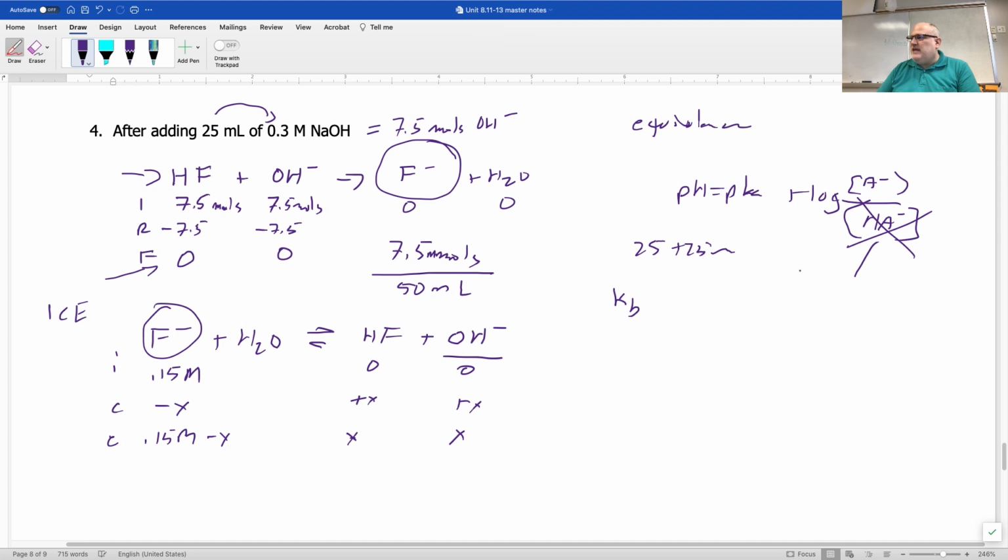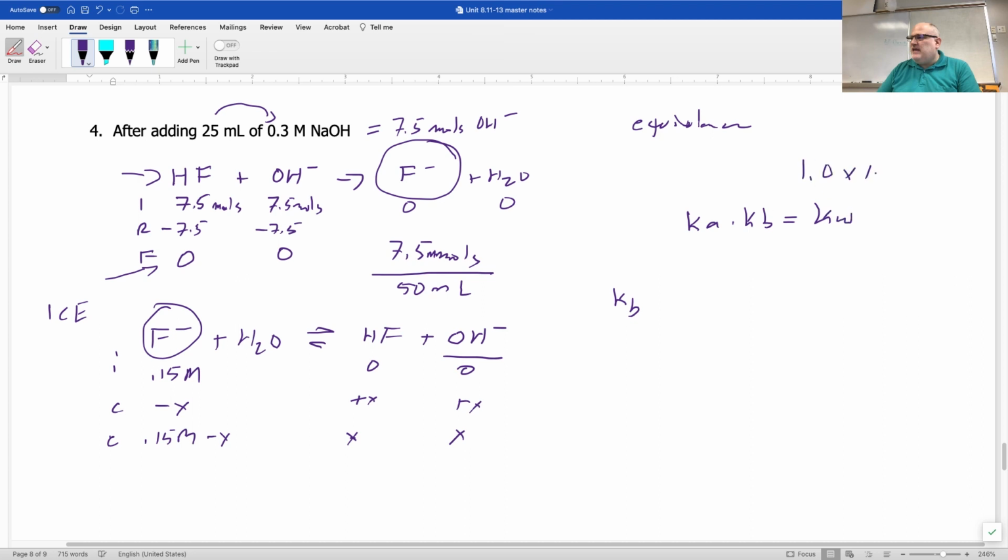Just a general reminder: I'm going to erase this because it's kind of clogging in here. Remember that Ka times Kb is equal to our Kw, and our Kw is equal to 1.0 times 10 to the negative 14.